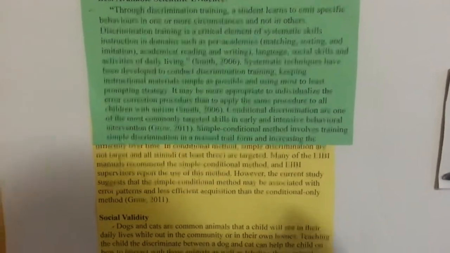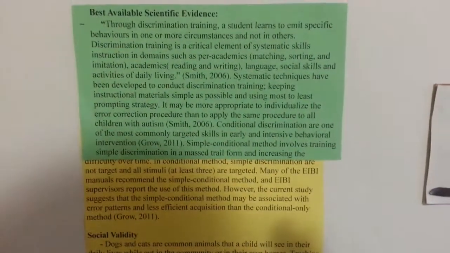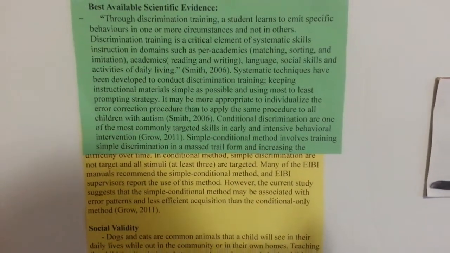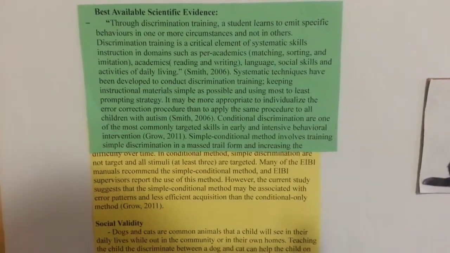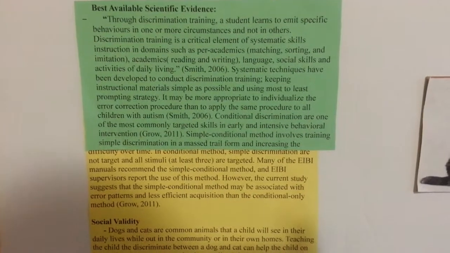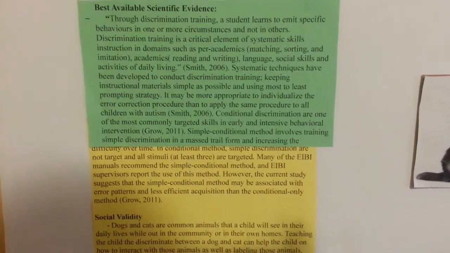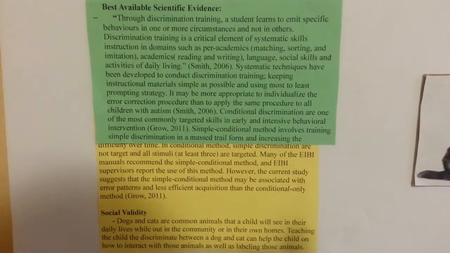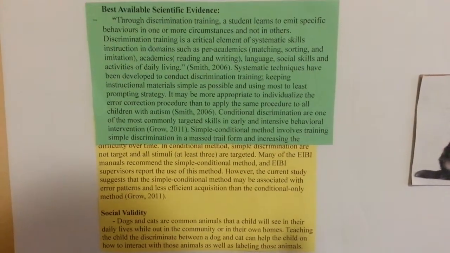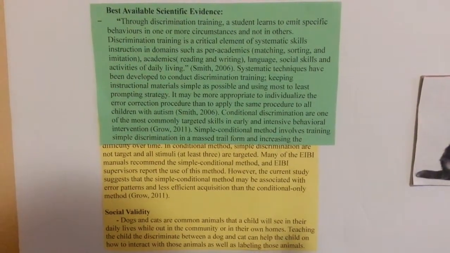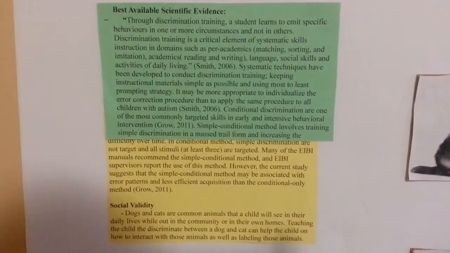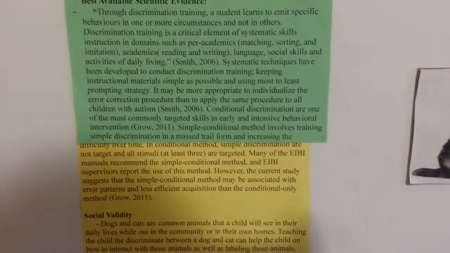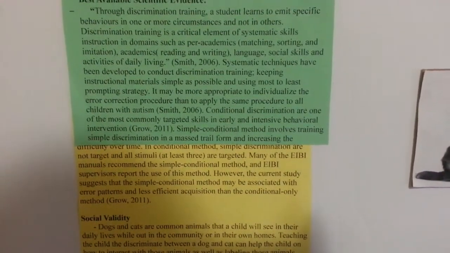Through discrimination training, a student learns to emit specific behaviors in one or more circumstances and not in others. Discrimination training is a crucial element of systematic skills instruction in domains such as pre-academics, which include matching, sorting, and imitation, academics, which is reading and writing, language, social skills, and activities of daily living.